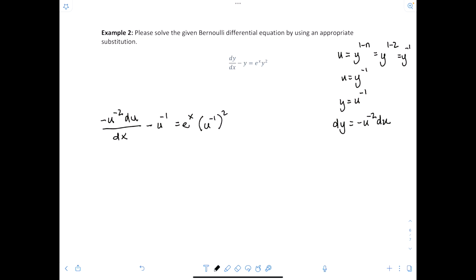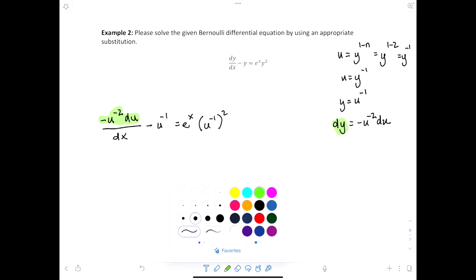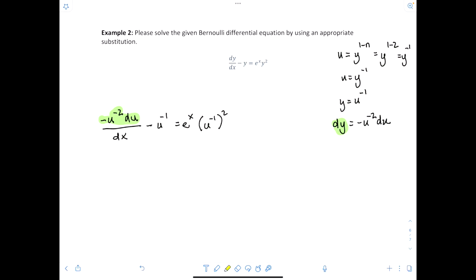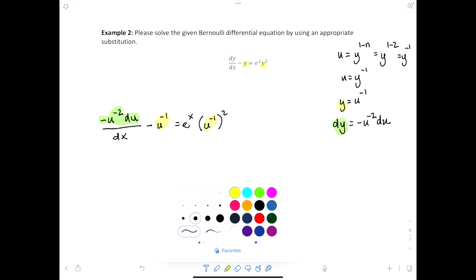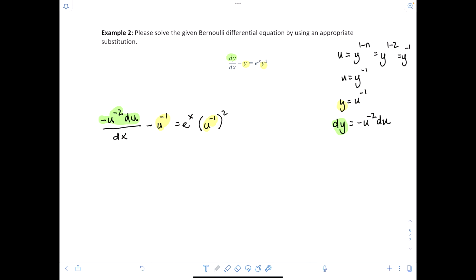Cool? So in for dy, we put in negative u to the negative 2 du, and in for y, we put u to the minus 1.